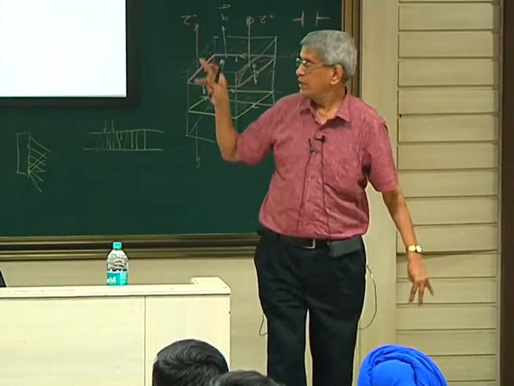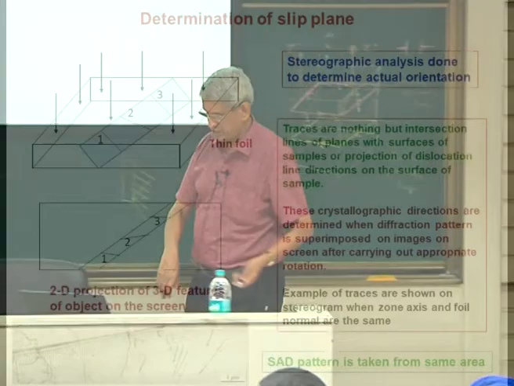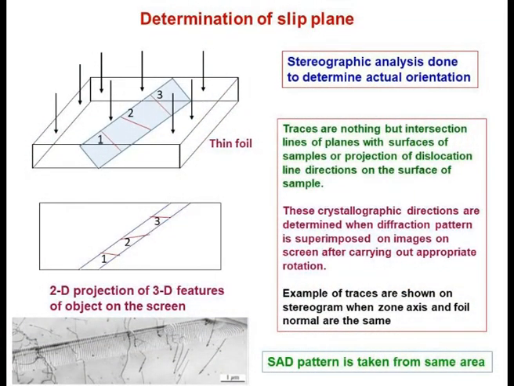So far, what we have understood is that to characterize a dislocation fully, we require the Burgers vector, line direction, and the slip line. What we have done so far is only the Burgers vector, how to find it out. These are the other two which we have to find out. Let us look at a thin foil of a sample, where this is a slip line, in which I have chosen some three dislocations.